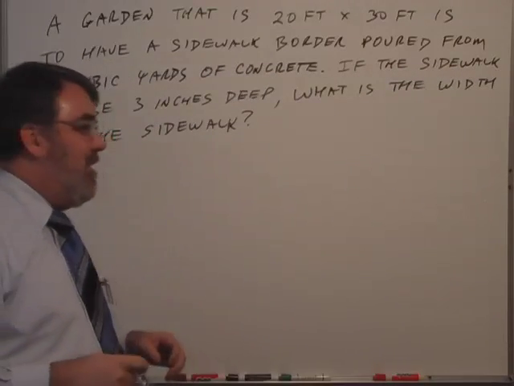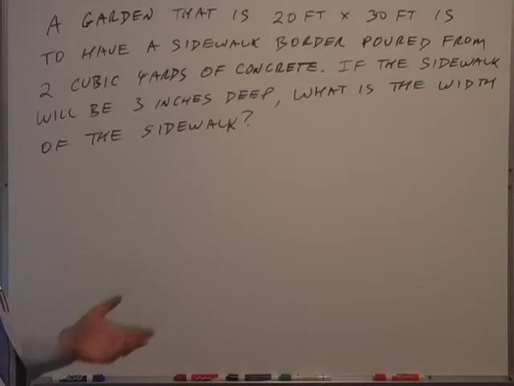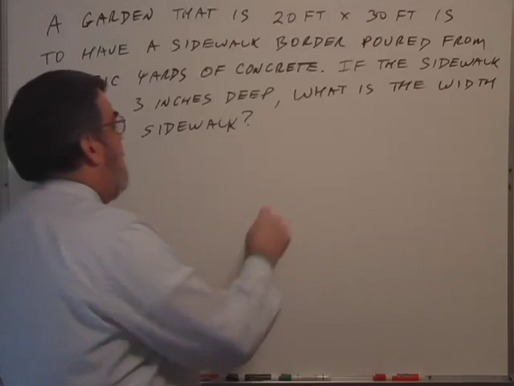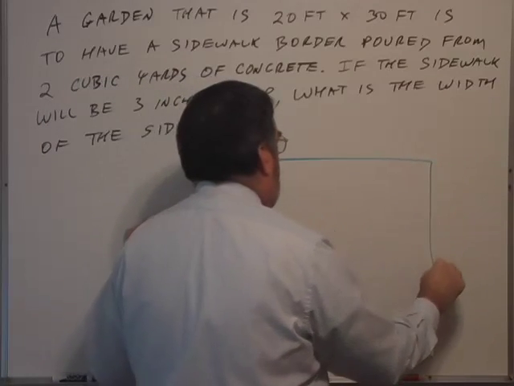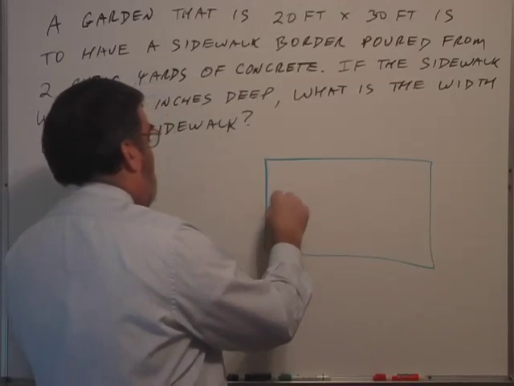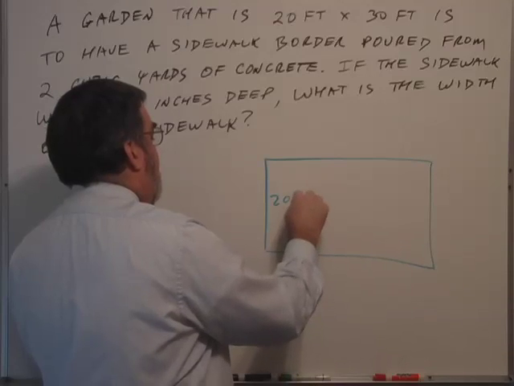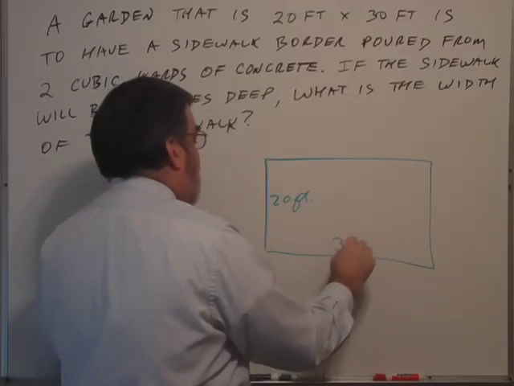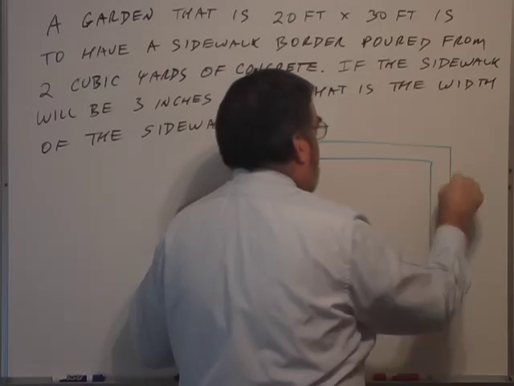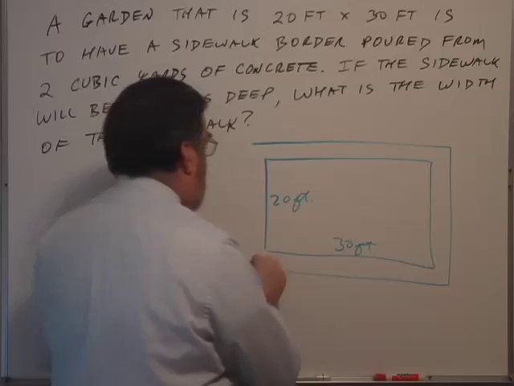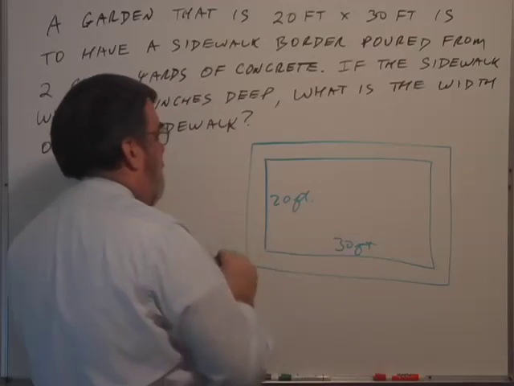Alright, so I think part of the battle is drawing the correct picture. And this one's not hard. Here we have our sidewalk, 20 feet by 30 feet. And we're going to pour a sidewalk around this garden.